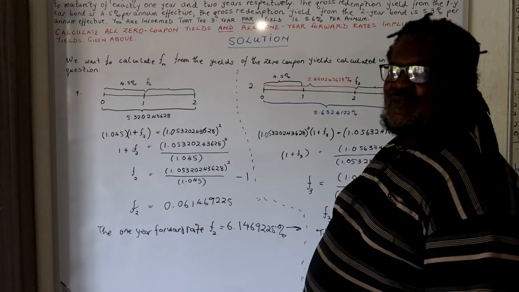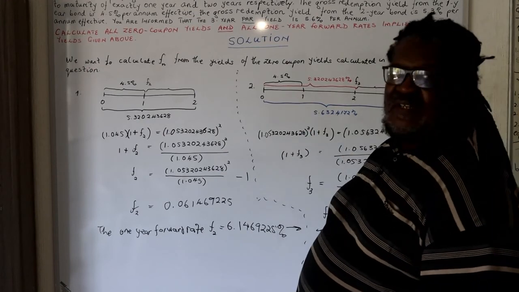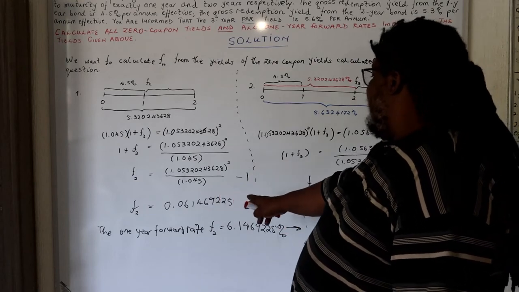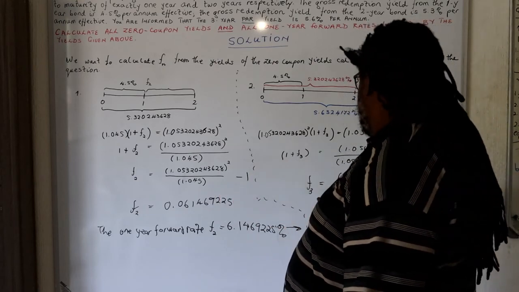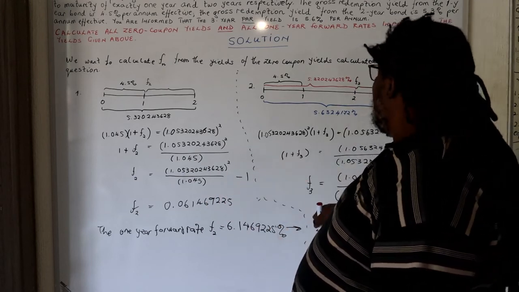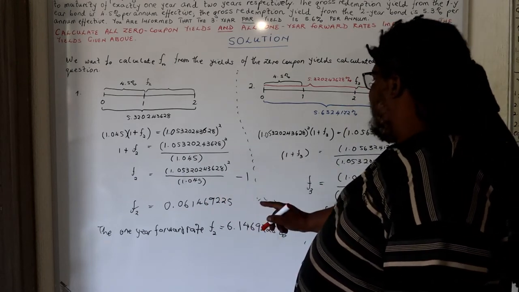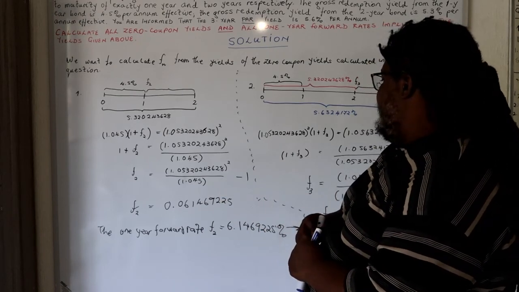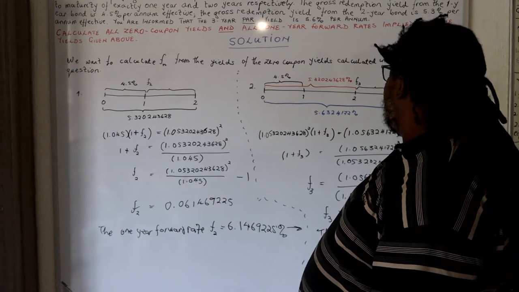Just as an addendum to the solution to this question, you can see in our computation for F2 and F3 that there is a pattern, and the pattern that we see here actually leads to a formula for the calculation of the 1-year forward rate.